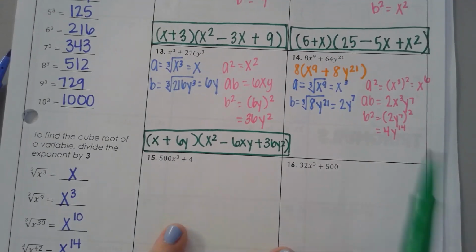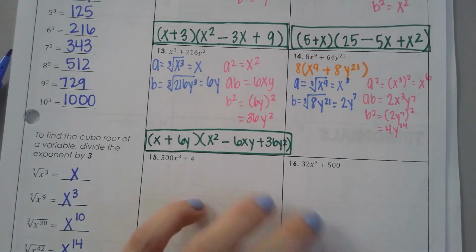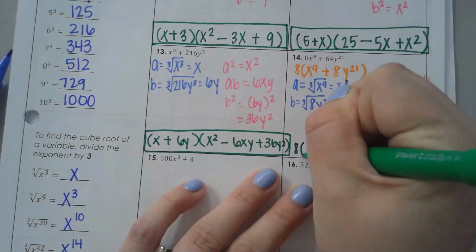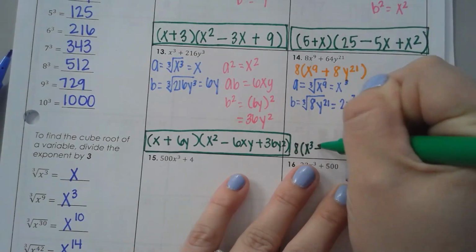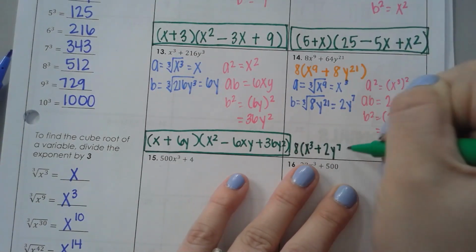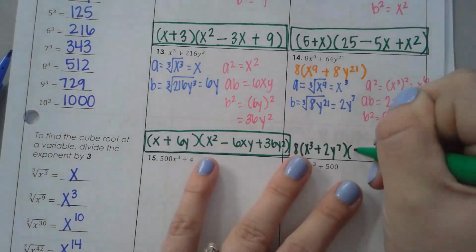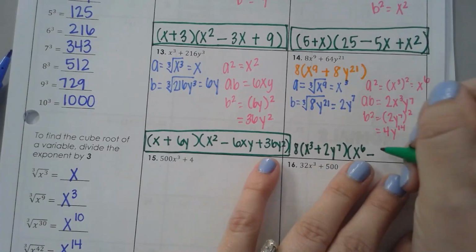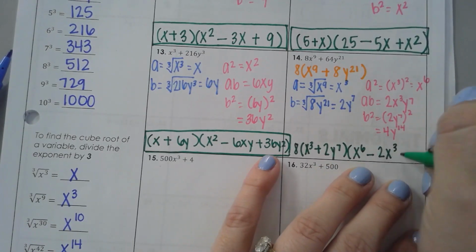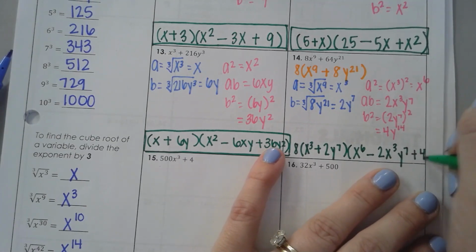And when you have a GCF, that has to be part of your answer. So we have the 8, and then we have x cubed plus 2y to the 7th, x to the 6th minus 2x cubed y to the 7th plus 4y to the 14th.